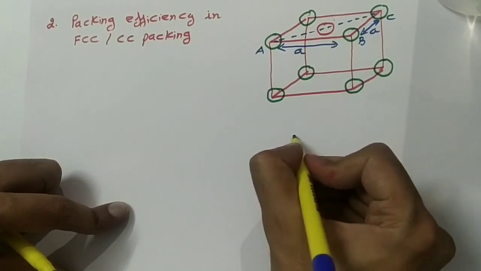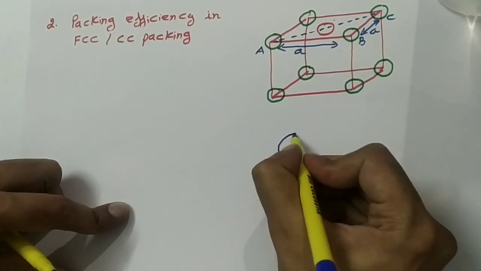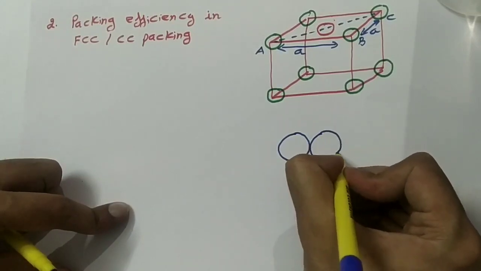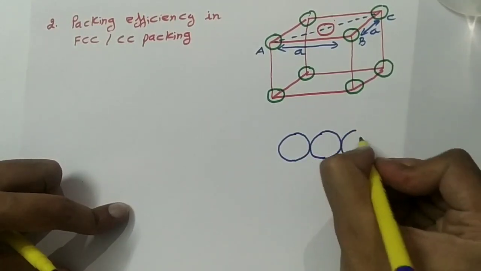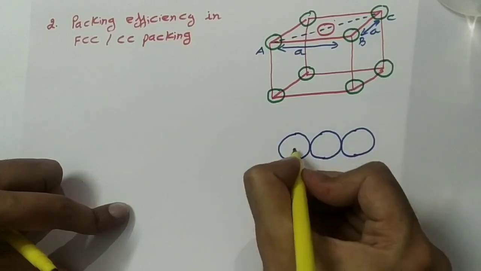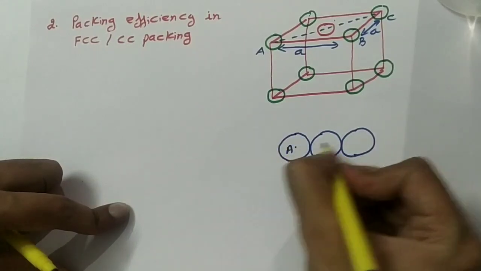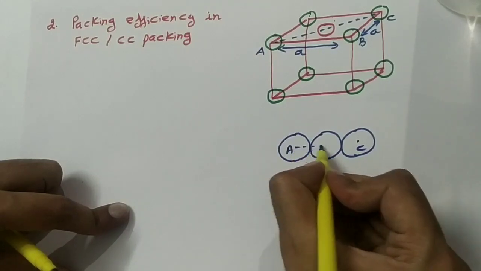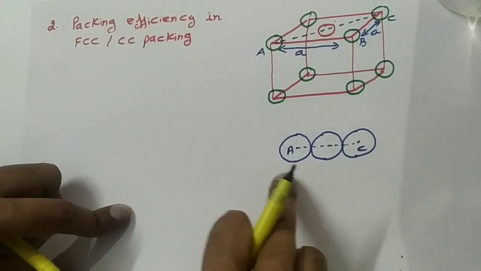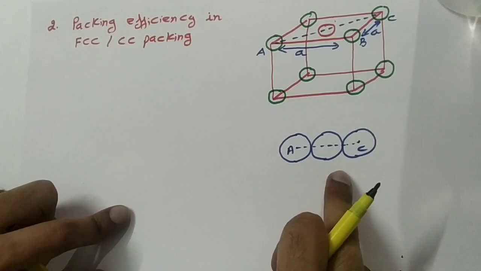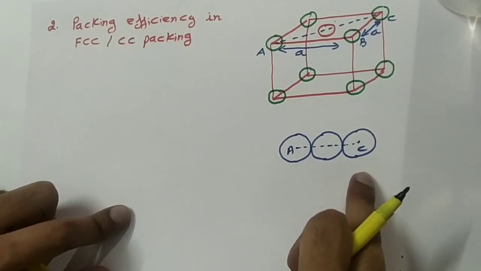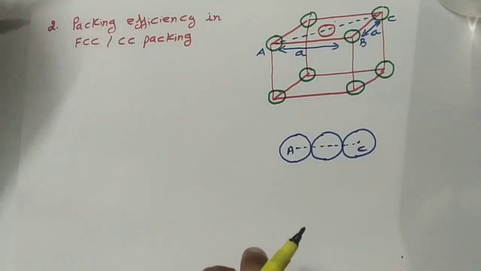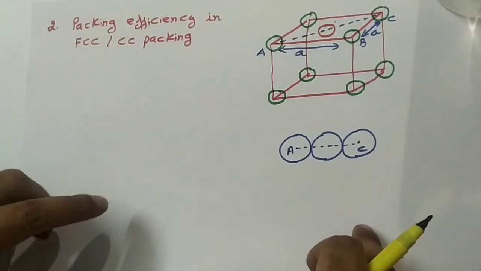I'm drawing AC here. This is point A. This is point C. See, in actual, constituent particles are in physical contact. There are minimum or no intermolecular spaces in case of solid.